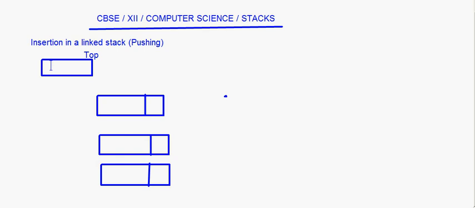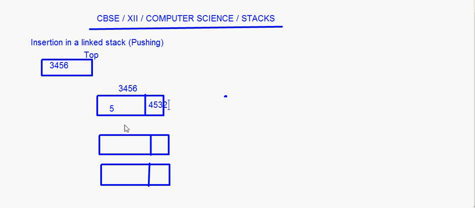Fine. Now supposing this top has the address 3456. And now this is the node which has got the address 3456. This is the top of the stack. Here you have got some information, let's say the number 5. And now this top is pointing to the next one. Let's say the address here is 4532.